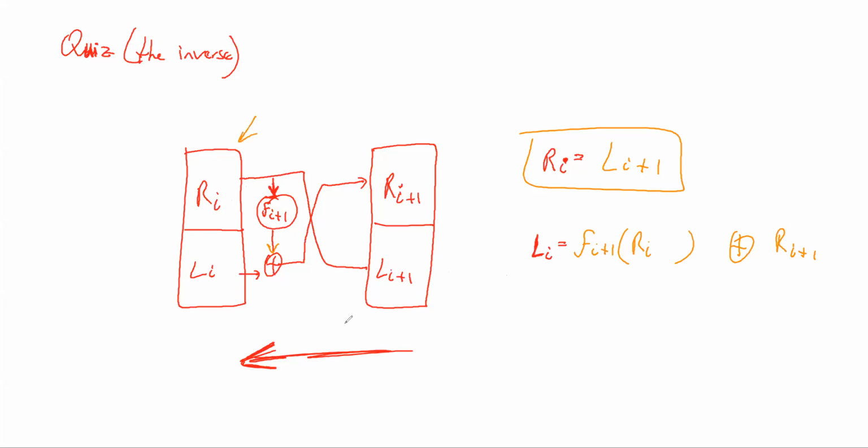However, we just established that Ri is actually Li plus 1, which is something we do have. And so we just have to replace Ri with Li plus 1. That's basically the solution to this. So the function we're still going to have, and we're going to have Li, and we just reverse it. And that should be the approach.